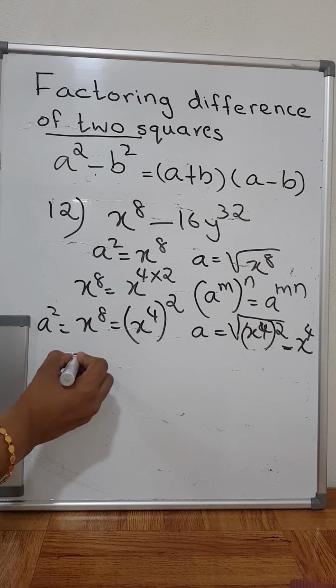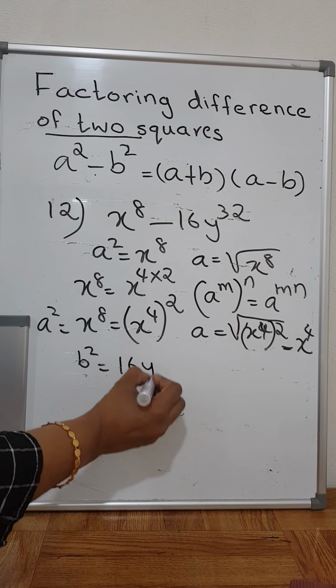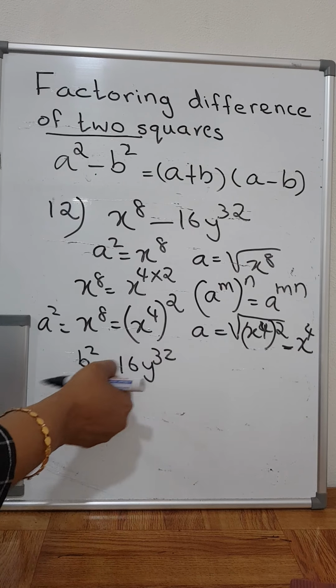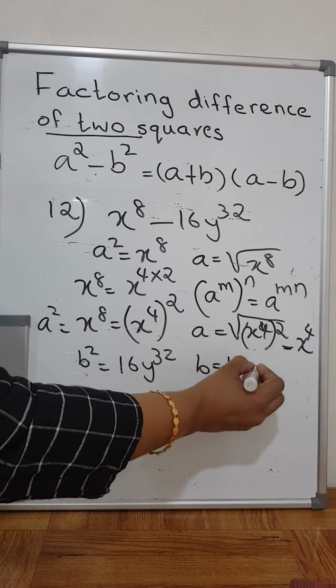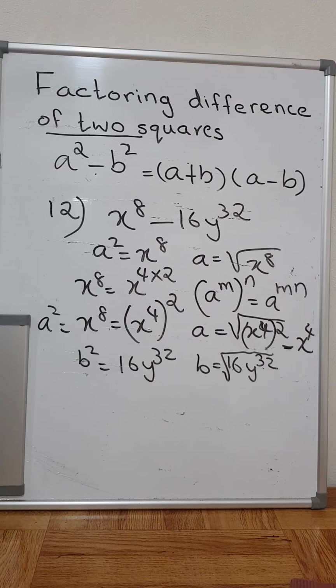Now what's our b²? b² is 16y to the power 32. So b is what? Square root of 16y to the power 32. Now see, square root of 16 is 4, we know. What is the square root of y to the power 32?